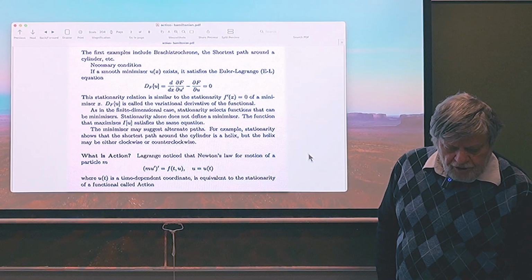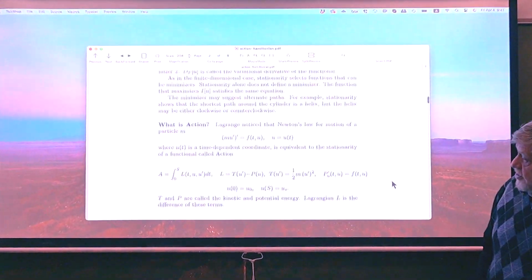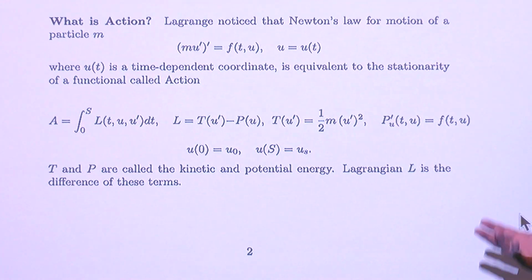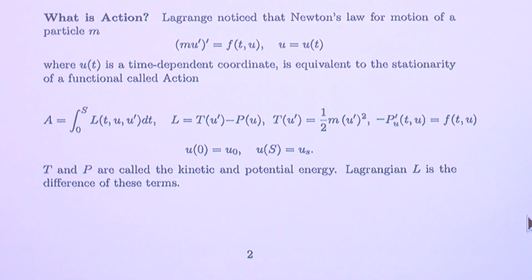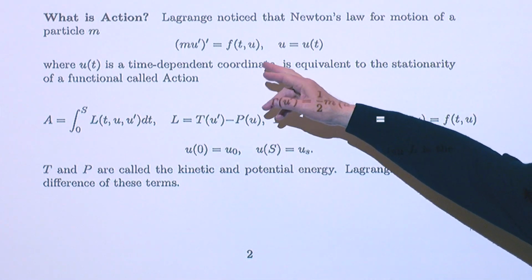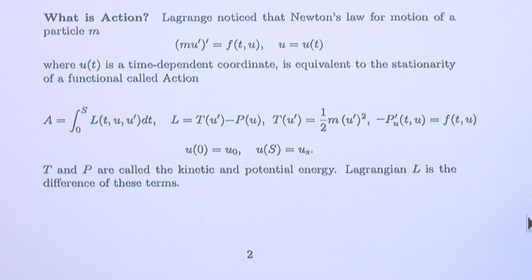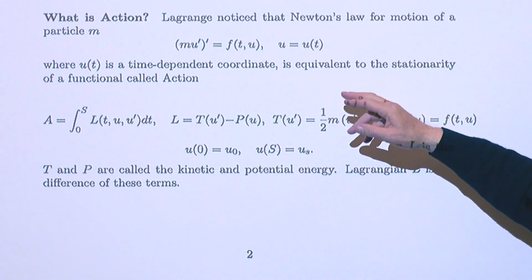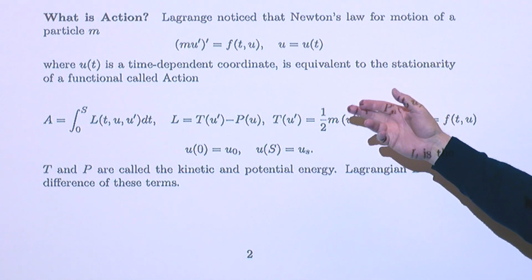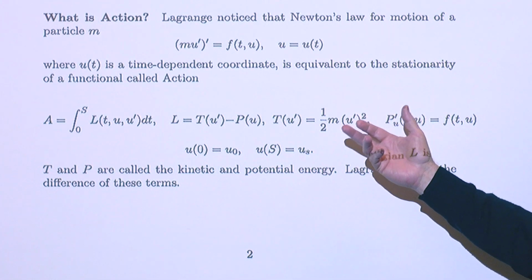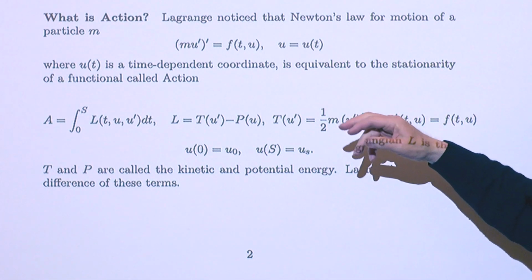So now, what is action? Lagrange, who derived this first equation which we discussed, immediately noticed that Newton's law of motion of any particle with mass m is equivalent to the stationarity of some functional, which he called action.